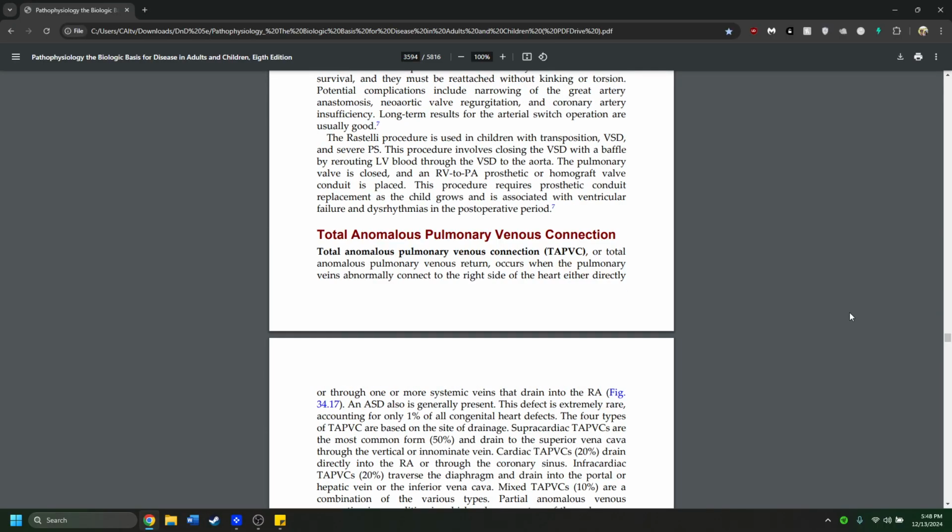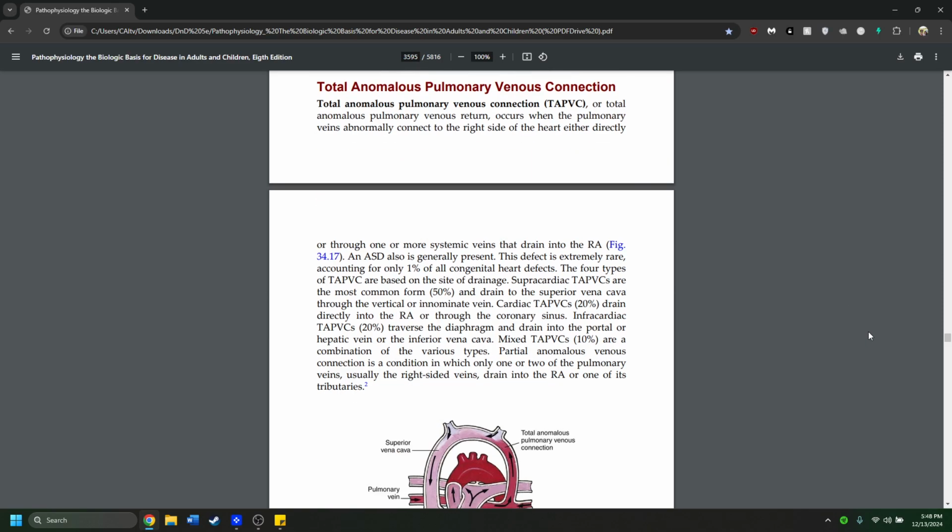The total anomalous pulmonary venous connection, or total anomalous pulmonary venous return, occurs when the pulmonary veins abnormally connect to the right side of the heart, either directly or through one or more systemic veins that drain into the right atrium. An ASD also is generally present. This defect is extremely rare, accounting for only 1% of all congenital heart defects.